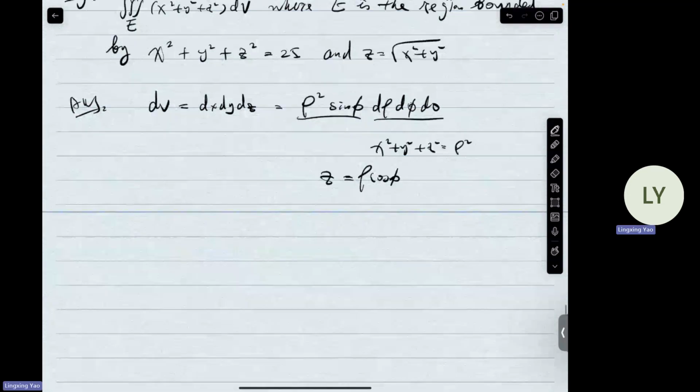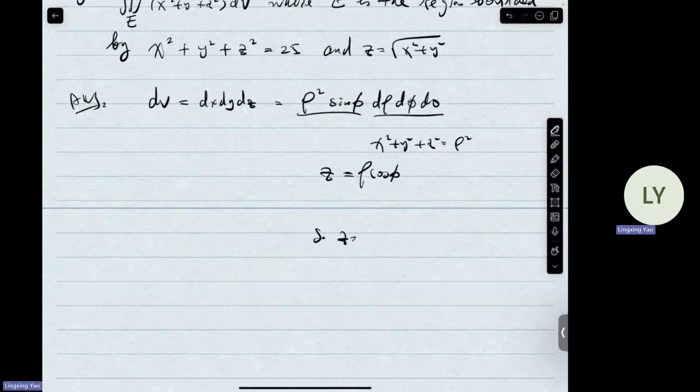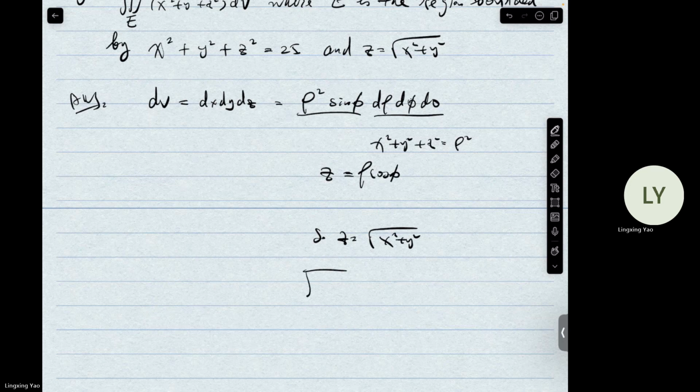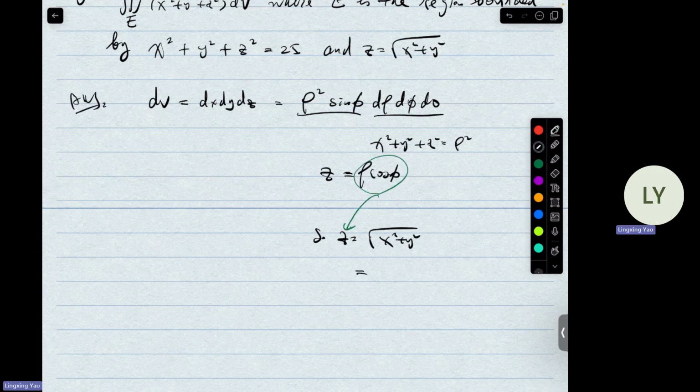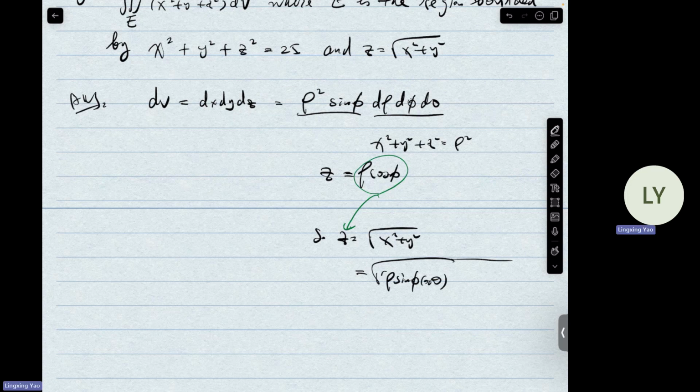All right. So z equals the square root of x squared plus y squared is equivalent to what? The right hand side is rho times sine phi cosine theta squared plus rho times sine phi sine theta squared.